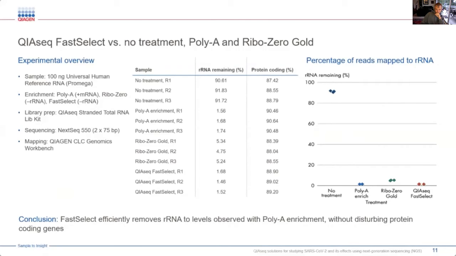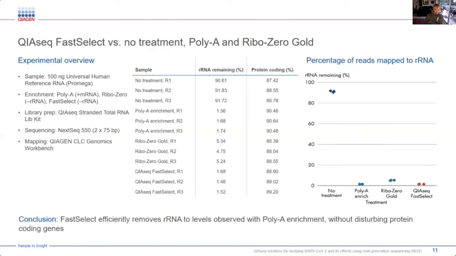But you typically get between 1.56% and 1.75% or 1.74% of the reads being ribosomal RNA from doing poly-A enrichment. Now, if I compare that to what I'm seeing with QIAseq FastSelect, where I'm not just looking at mRNA, but I'm finding all different types of RNAs that are there: mRNA, long non-coding RNAs with poly-A tails, long non-coding RNAs without poly-A tails, and other RNA of interest, what I'm seeing is a range from 1.46% to 1.68%.